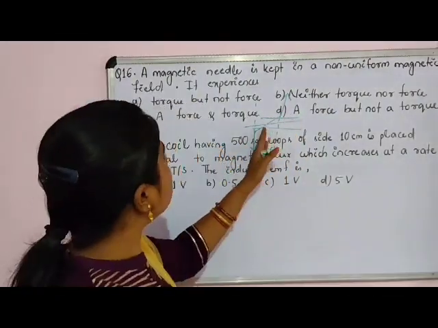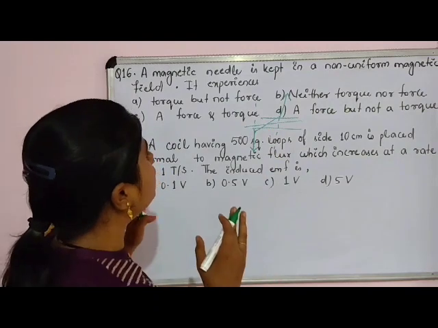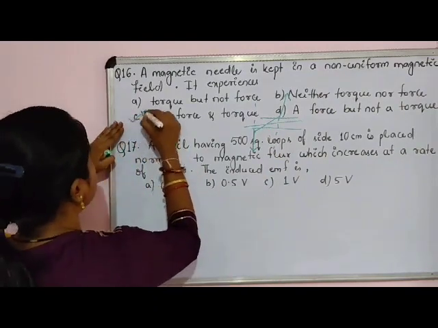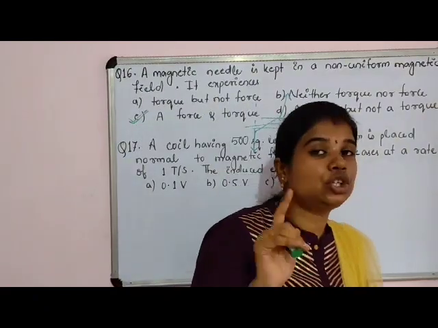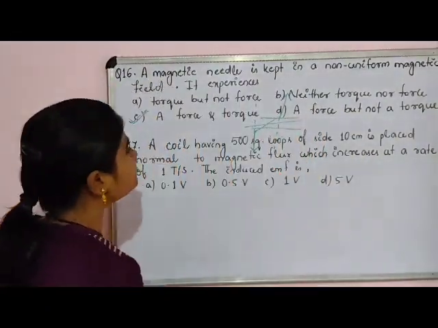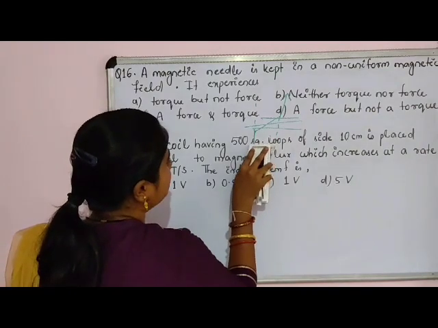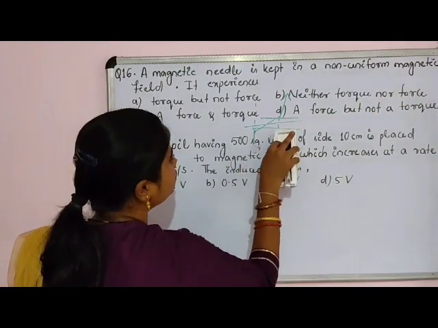So the answer to this question is yes, option C, that it will experience the force as well as the torque. Okay, clear? So just let me clear it out so that we can go for the next question.